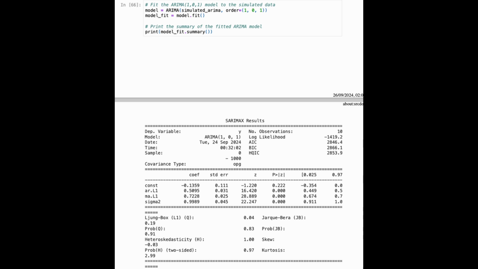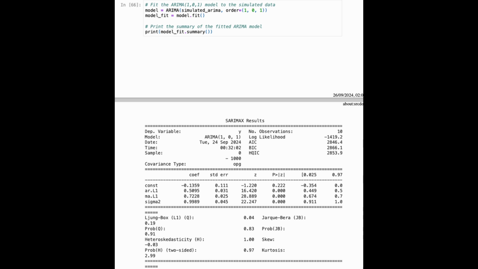As you've seen on the screen, the Ljung-Box test L1. The Q statistic for this test is 0.04. The probability of this statistic is 0.83. The interpretation of this test is about checking whether there are significant autocorrelations in the residuals.